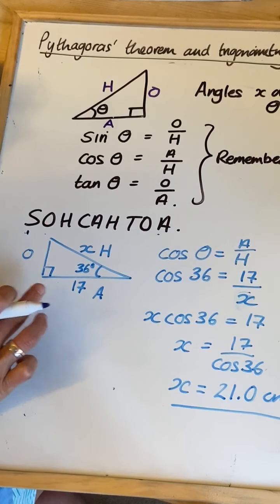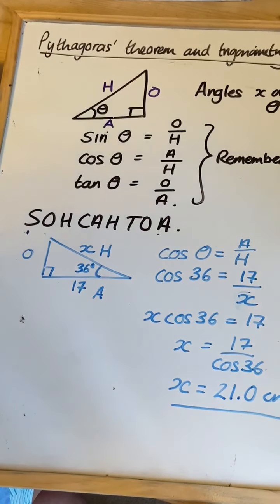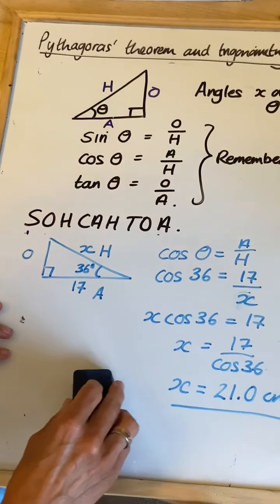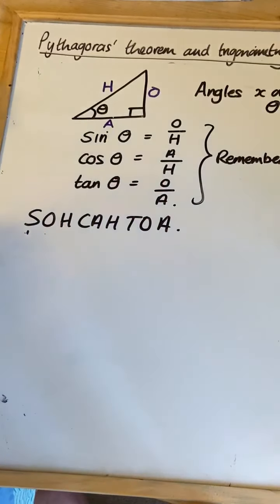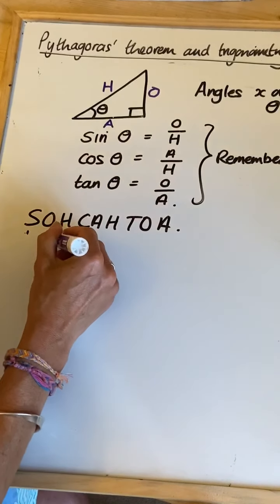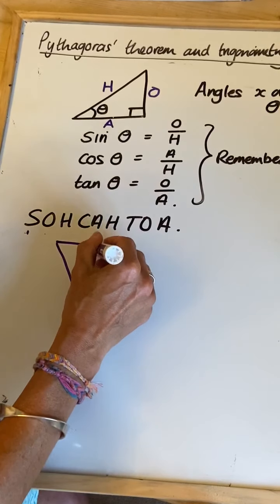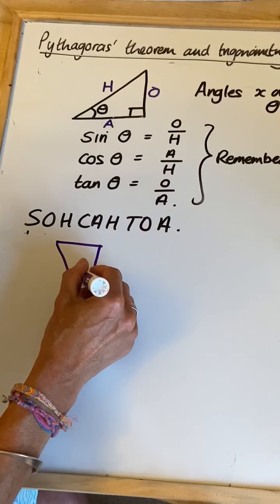Okay, so that's a missing side. Okay, last thing I'm going to do is one more of these, and then you'll be good to go. So let's just draw my triangle slightly differently this time. So draw it in like that. Theta's down at the bottom here.